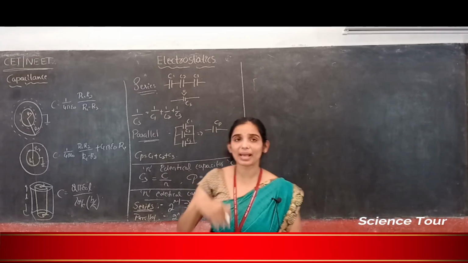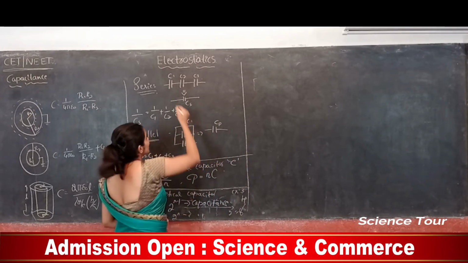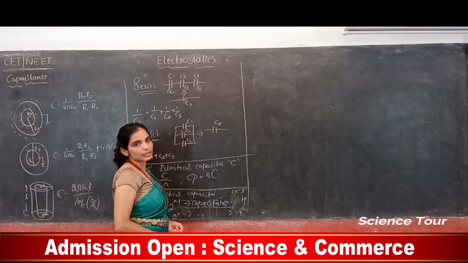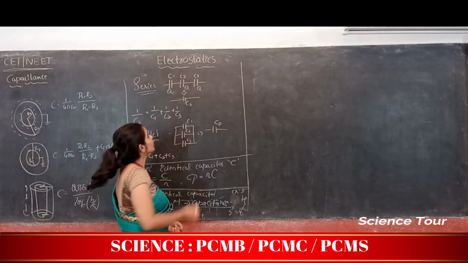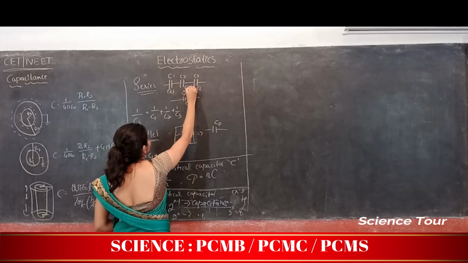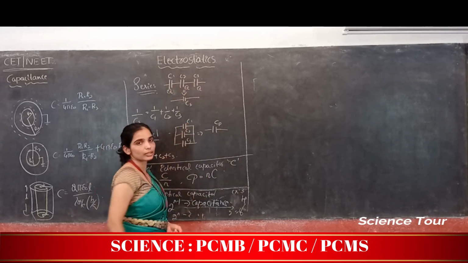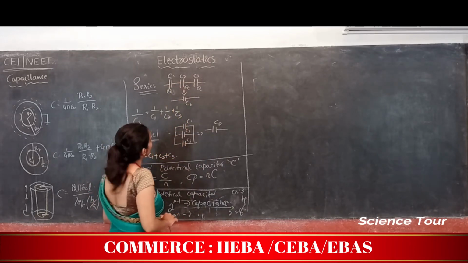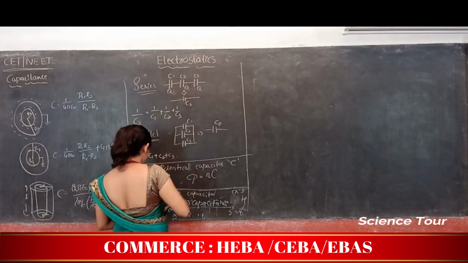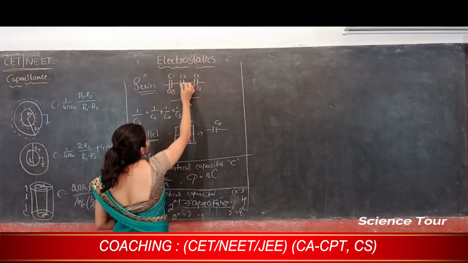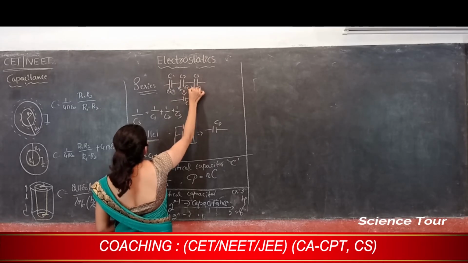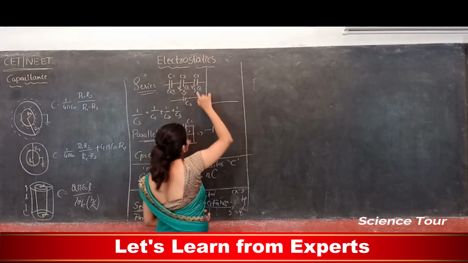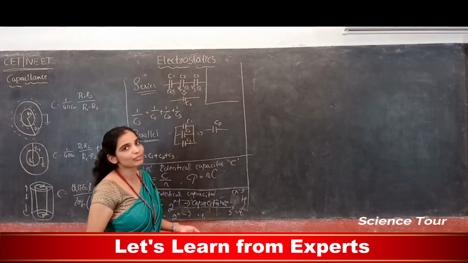Now when the capacitors are in series, what will be the same? The charge across all the capacitors will be the same. If this is Q, this will all become Q. But the potential difference across each capacitor will be different. In capacitor C1, the potential difference will be V1, here V2, here V3.